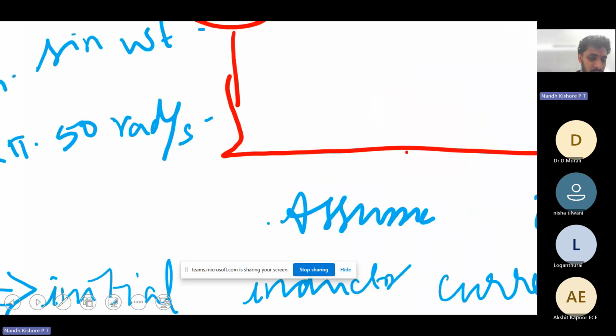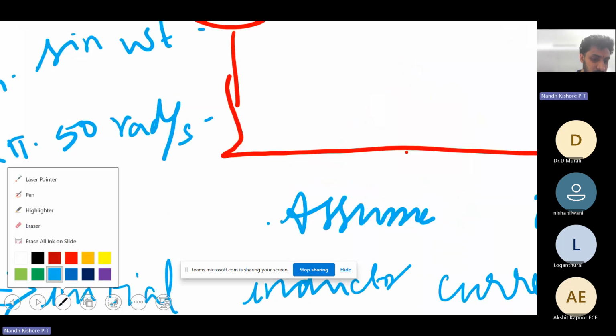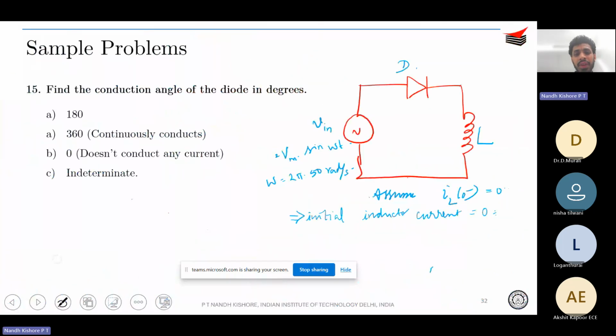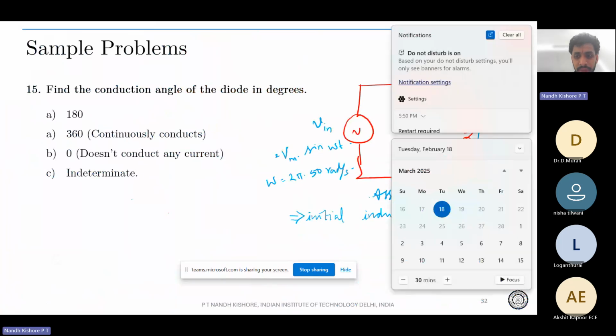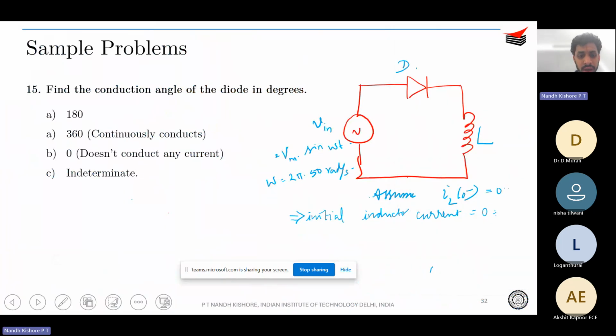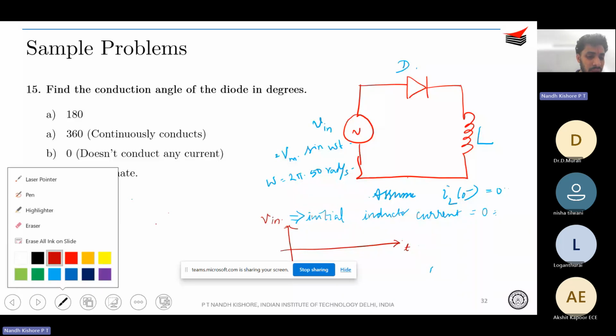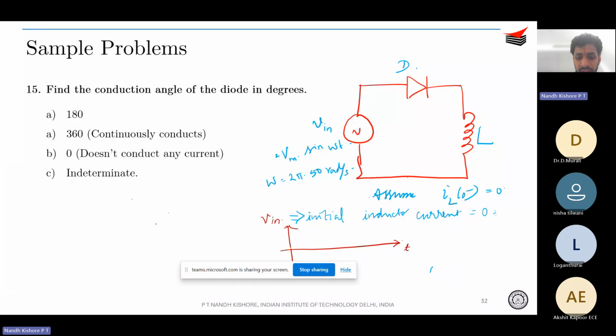So let me draw Vin for our own understanding. This is your time axis and this is your Vin. Let's say your Vin is something like this.